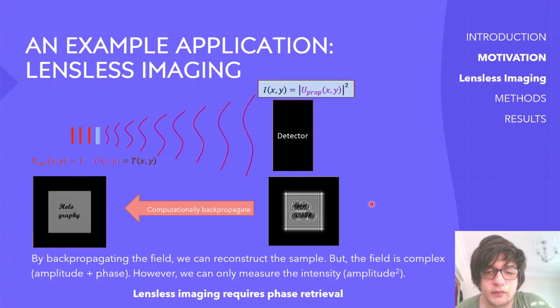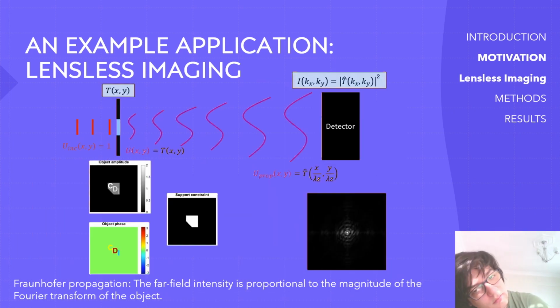So lensless imaging requires phase retrieval, and we know from the Fraunhofer propagation that the far-field intensity is proportional to the magnitude of the Fourier transform of the object.